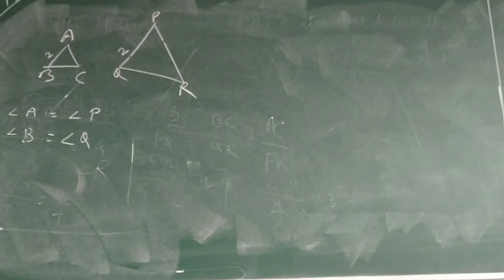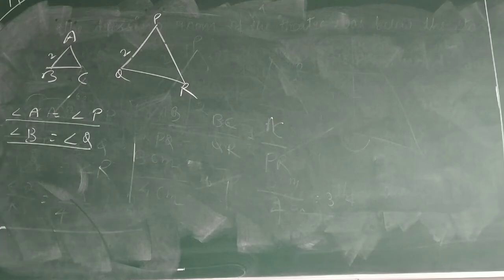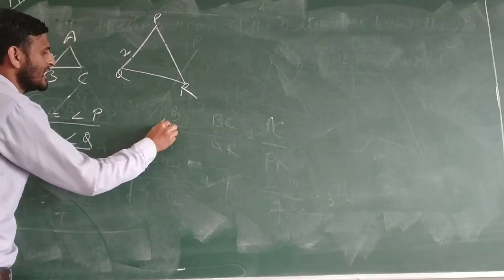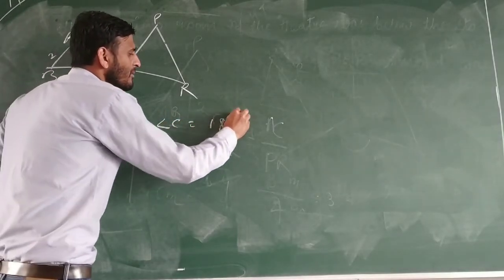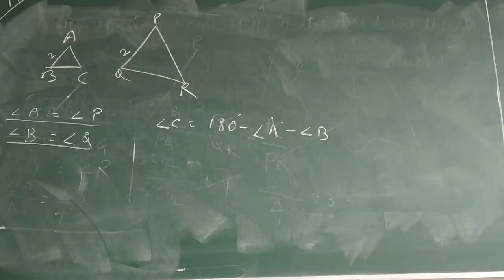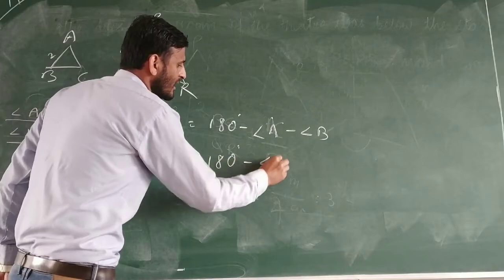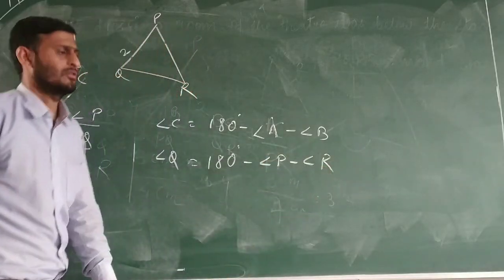Yes, these two triangles are similar, because from A equal to P and B equal to Q, we can find very easily through the angle sum property of a triangle, that the sum of three angles is 180. Angle C will be equal to 180 minus angle A minus angle B. Correct? And angle R is equal to 180 minus angle P minus angle Q.